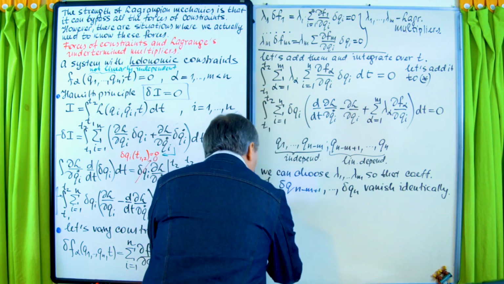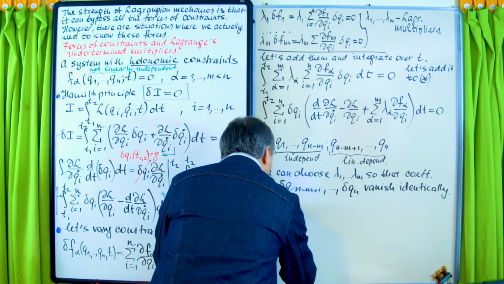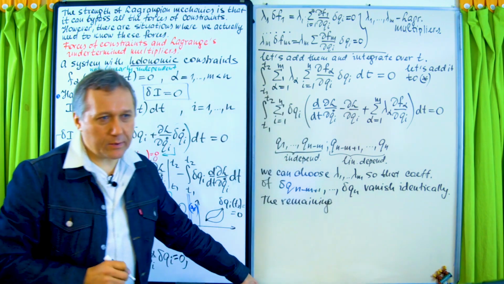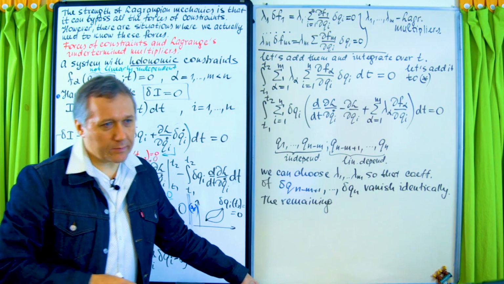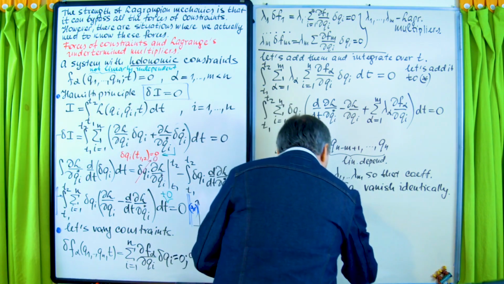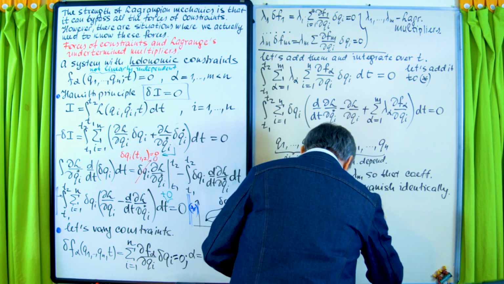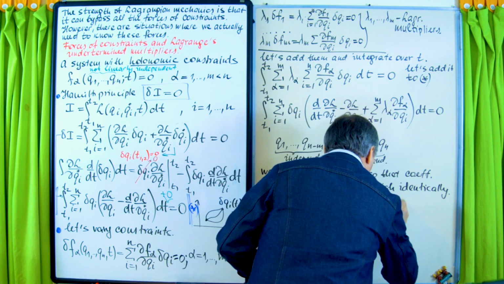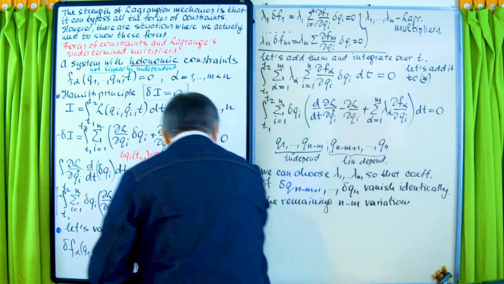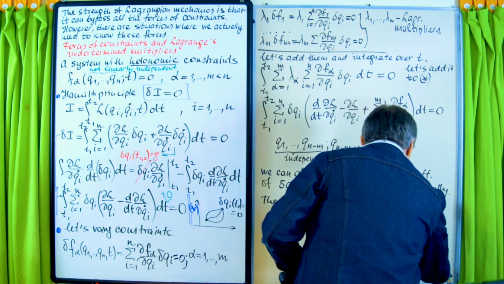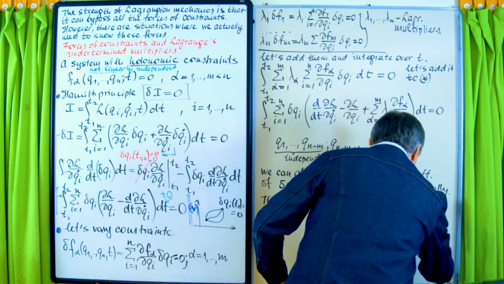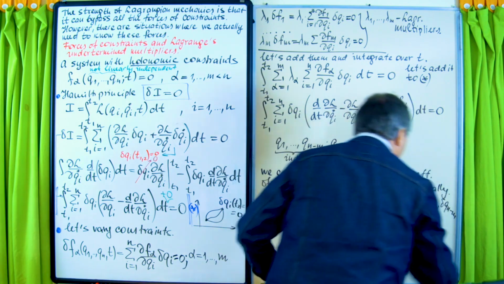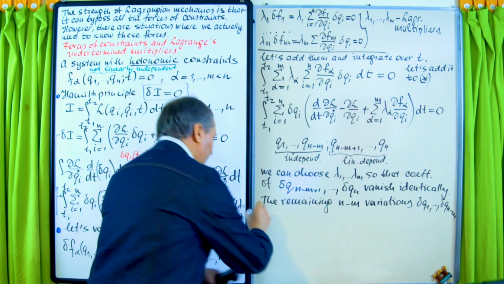All right, the remaining part is probably the trickiest in terms of understanding, so it's better to write something in a couple of sentences. The remaining n minus m variations, delta q1 and all the way to delta q n minus m, are independent.